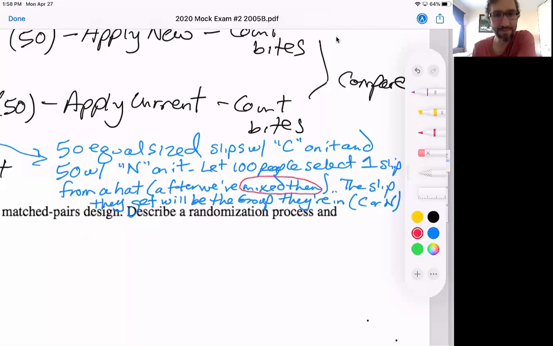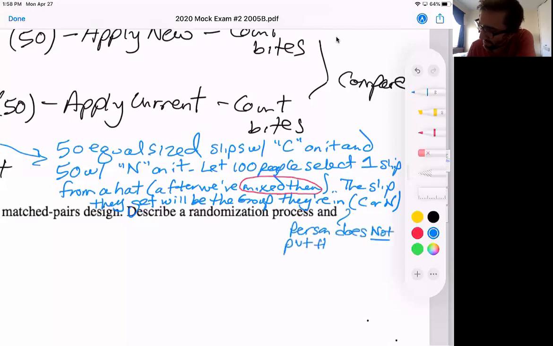It has to be random, right? Randomization process. You have to be mixing the slips. The other thing that's important to note is that the person or the subject does not put the slip back in the hat. That's important, that it's without replacement.